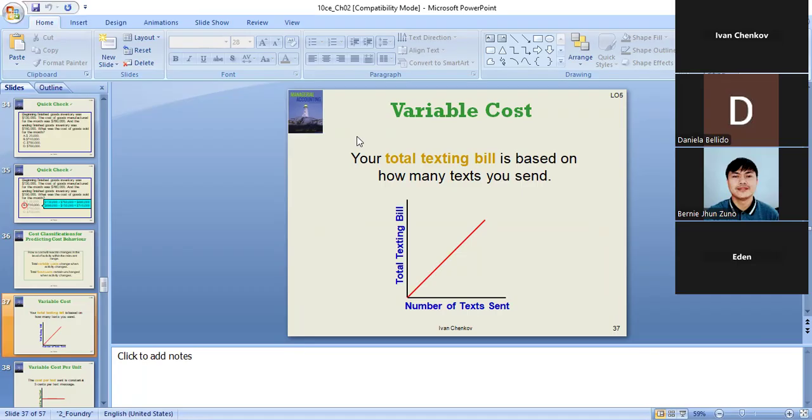Make sense? But if I buy one piece of pizza which costs $15, I have to pay $15. If I buy two pieces of pizza which costs $15 per piece, I have to pay $30. So what drives my total cost? Number of the pizzas that I'm purchasing. The cost per pizza stays the same. Make sense?